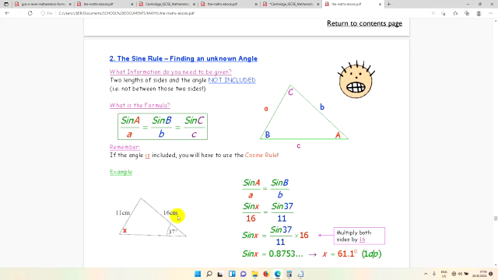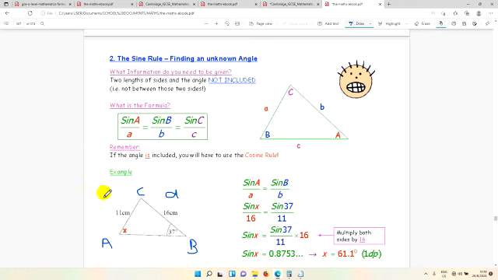So you can mark A, this would be my small letter a. This would be my small letter b. Right, so it's going to be sine A over a is equal to sine B over b.